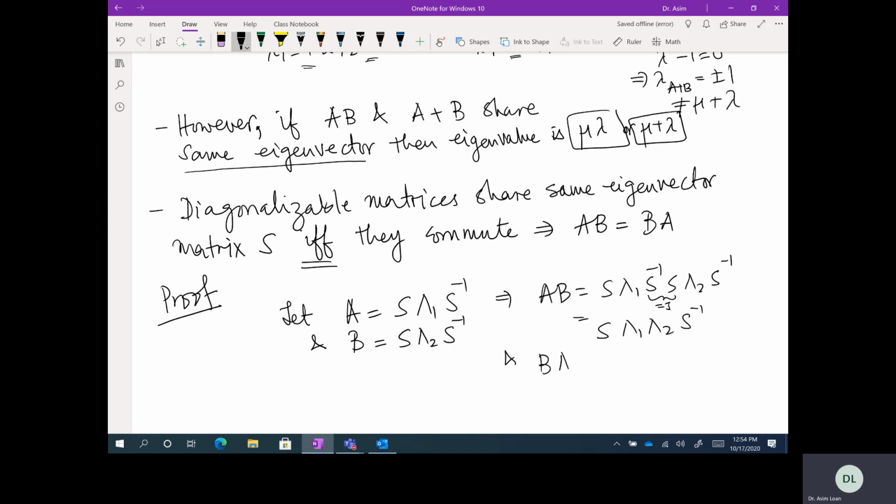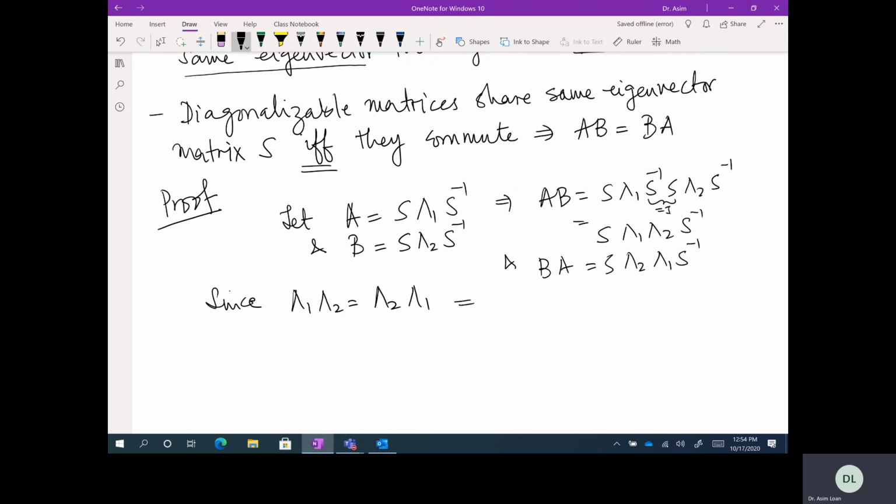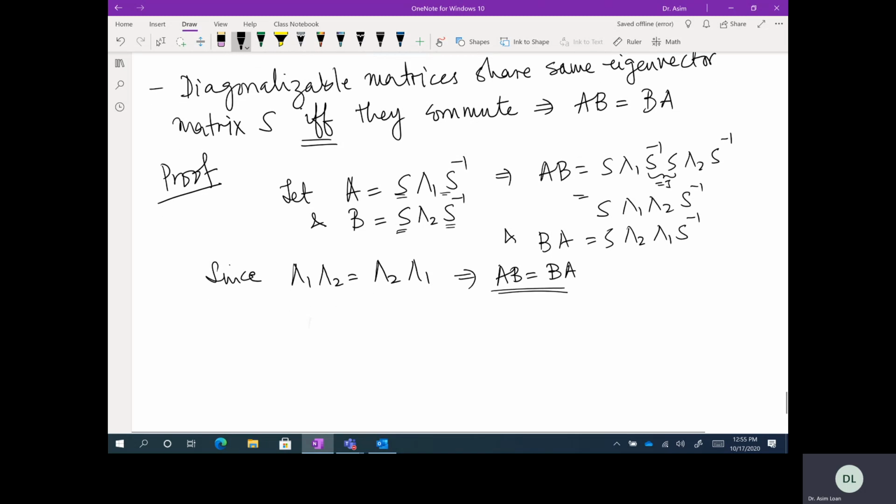And BA is S lambda 2 lambda 1 S inverse. Since diagonal matrices commute, lambda 1 lambda 2 equals lambda 2 lambda 1, so AB equals BA. So if they share the same eigenvector matrix S, then AB is equal to BA, because diagonal matrices commute.